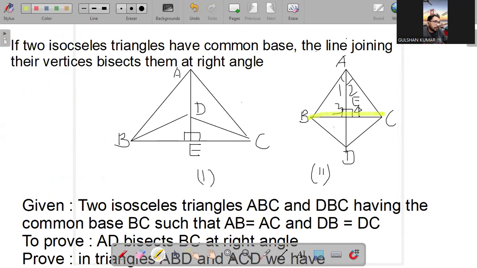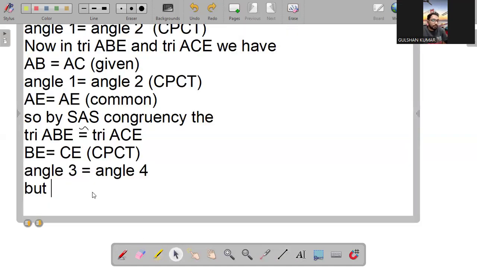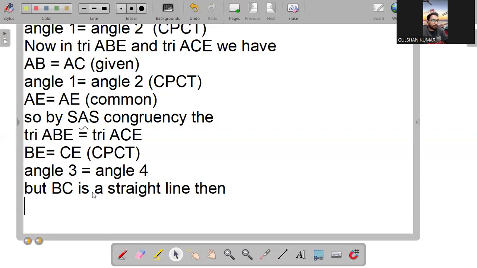BC is a straight line, so we have a linear pair.